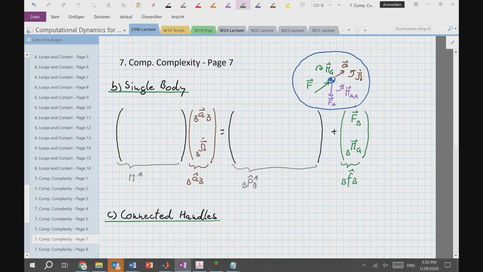Well, this is a single rigid body. So for linear motion, what I know is that F equals m times a. To compute m times a, I have to take this acceleration here and multiply it with m. And I'll do this not as a scalar value, but I write it here as a diagonal matrix of m's.